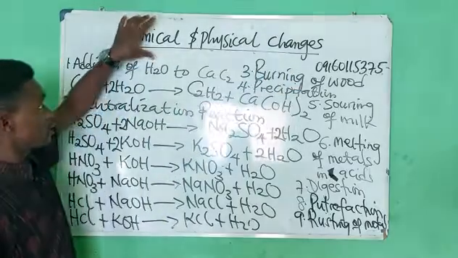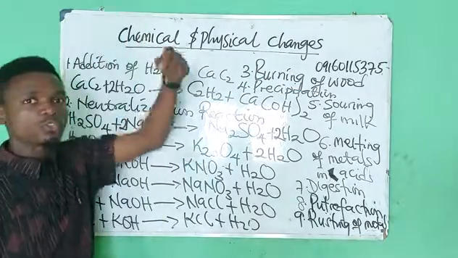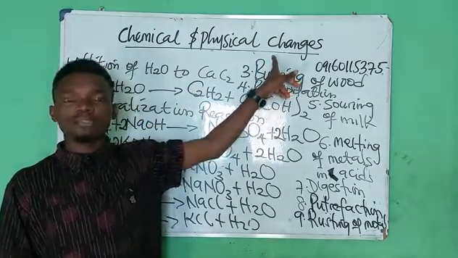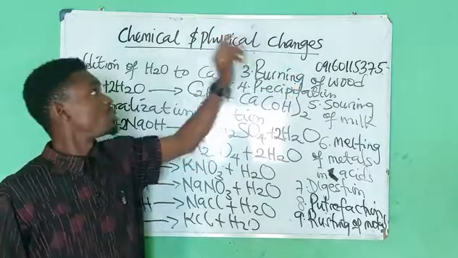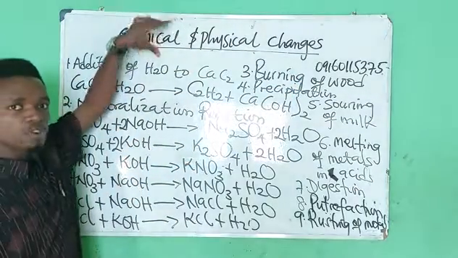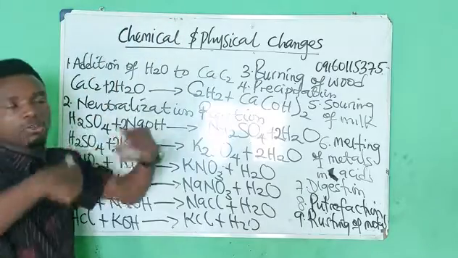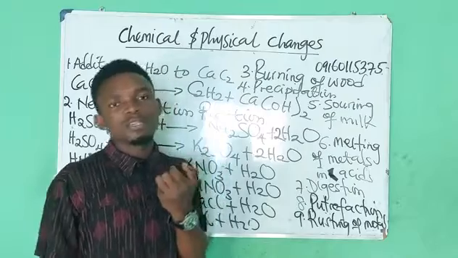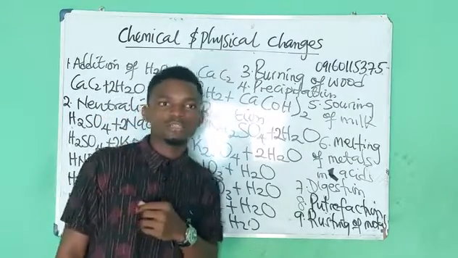In chemical changes, the mass of the substance changes, but in physical changes, the mass of the substance does not change. In chemical changes, a large amount of heat is required for it to change from one state to another. In physical change, a little amount of heat is required.